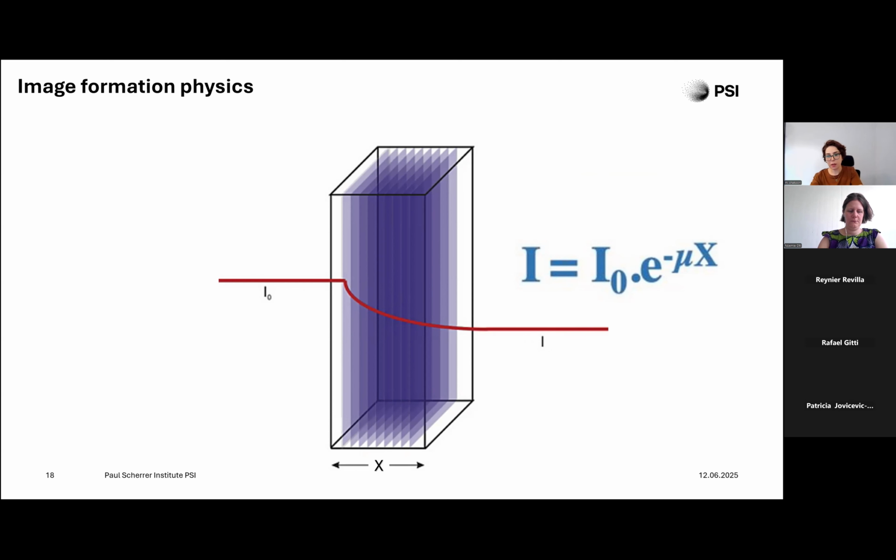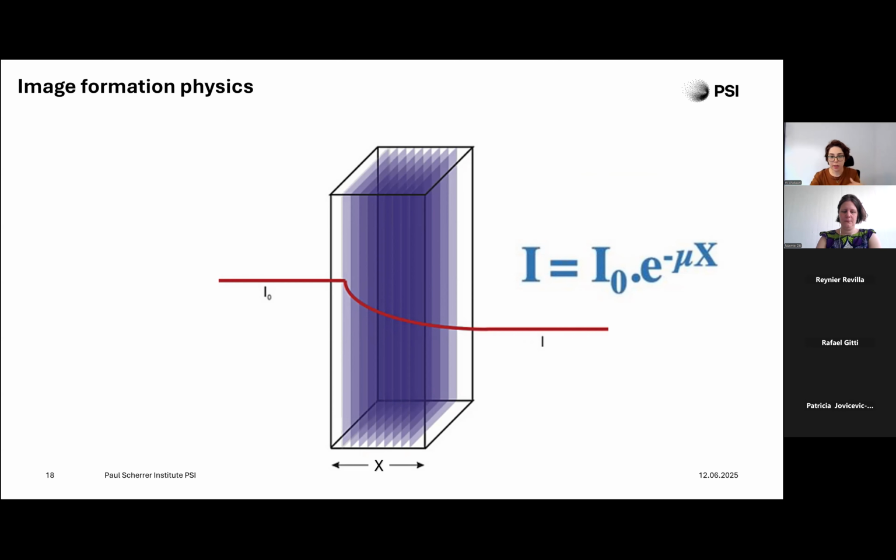In practice, all those different beam-matter interactions that we discussed for neutrons and X-rays, in each imaging modality, contribute to the image contrast or attenuation, the image formation. So this simple law also underpins the reconstruction algorithm.